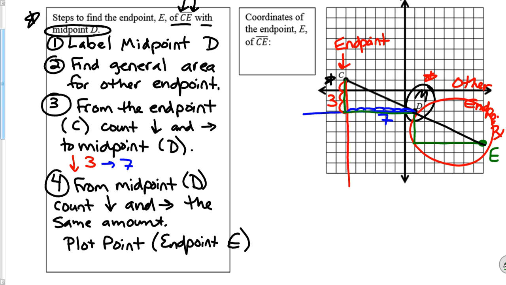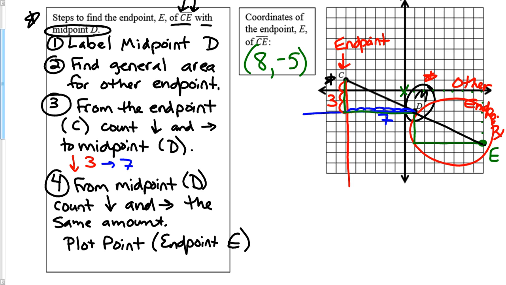So let's write down the coordinates of E. Starting back at the origin, I go over 1, 2, 3, 4, 5, 6, 7, 8, and then down 1, 2, 3, 4, 5. So I went over 8 and I went down 5. So that's how I write the coordinates of E.